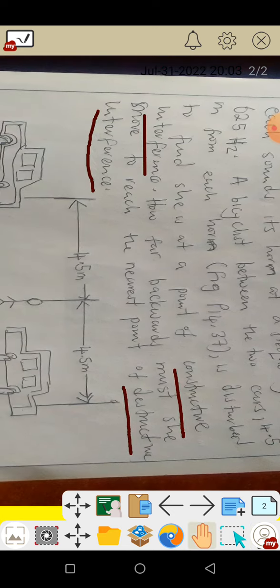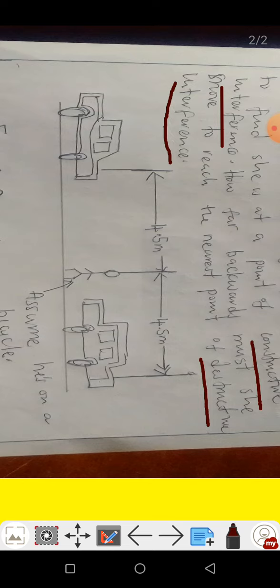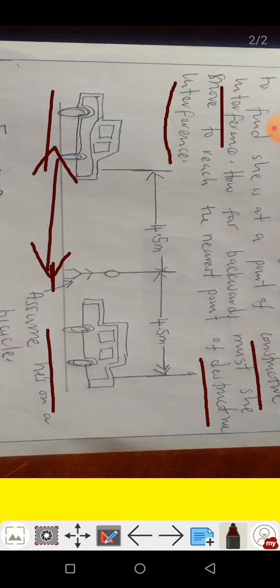So we continue. This is the diagram. This is a motor vehicle, and the bicyclist is here. The distance from the bicyclist to one horn is 4.5 meters, and also the distance to the other horn is 4.5 meters.